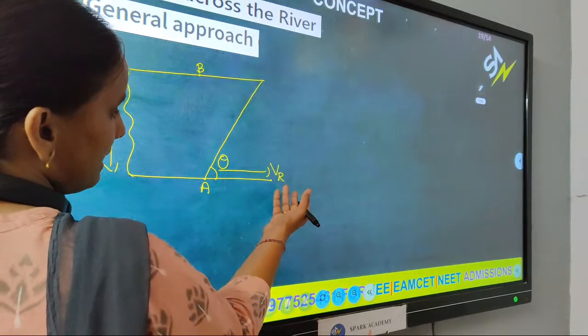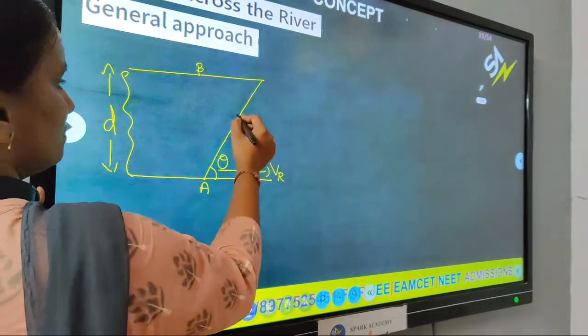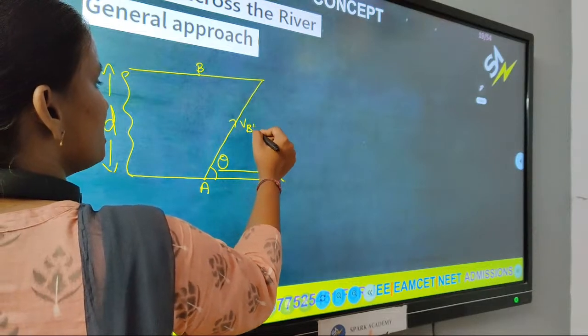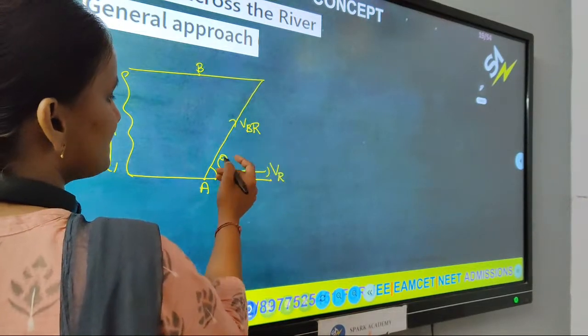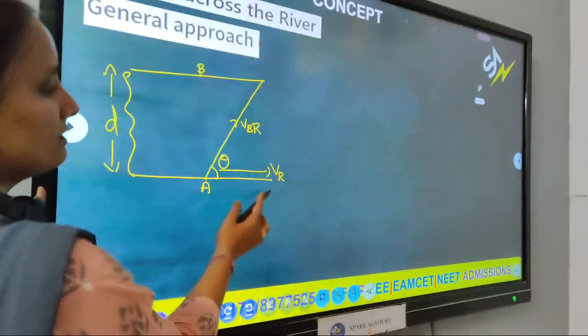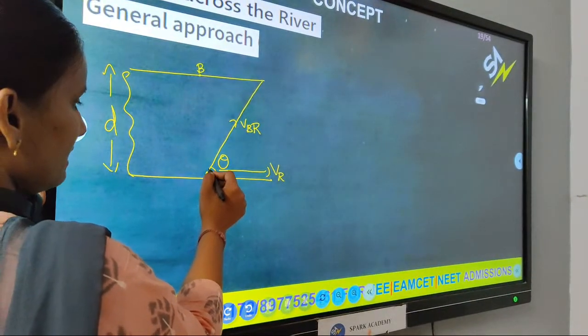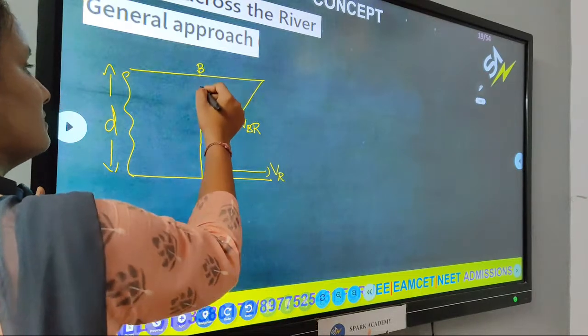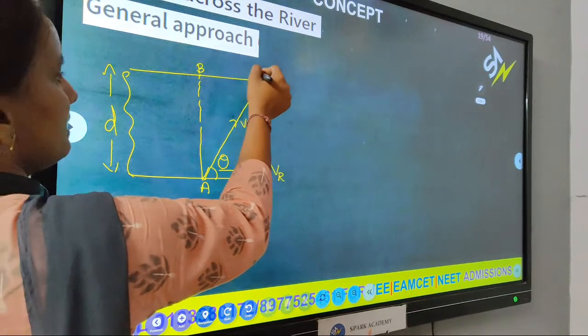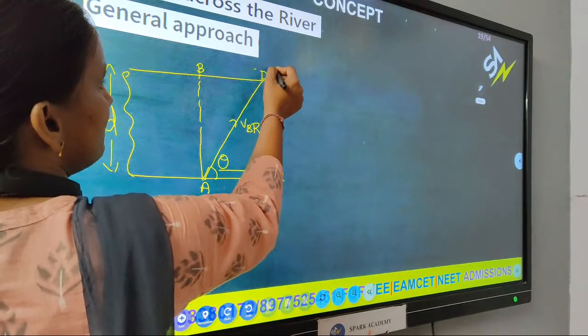Downstream means along the river flow. So the velocity of the boat with respect to river flow is making angle theta with the velocity of the river. Then, instead of reaching the opposite point, he reaches this point, let us say D.